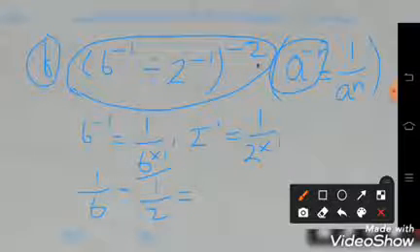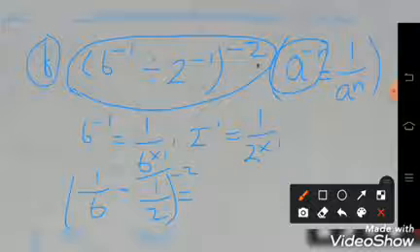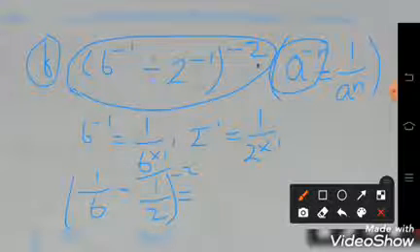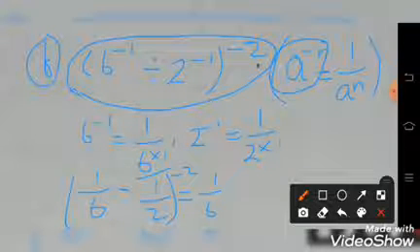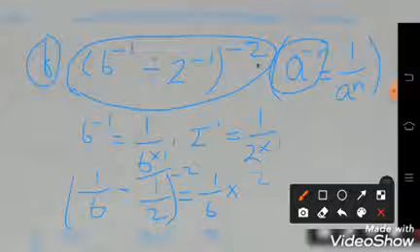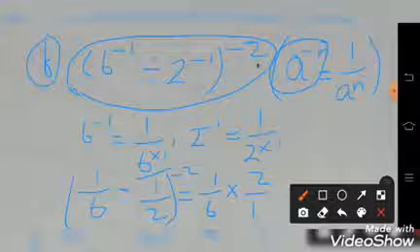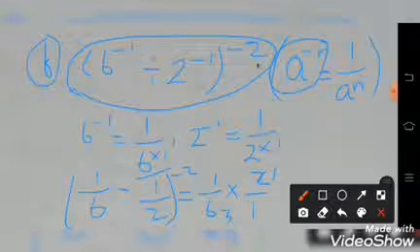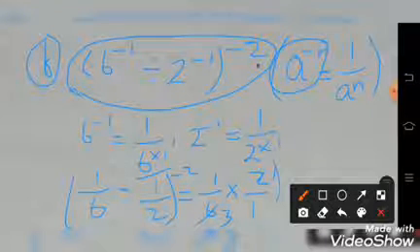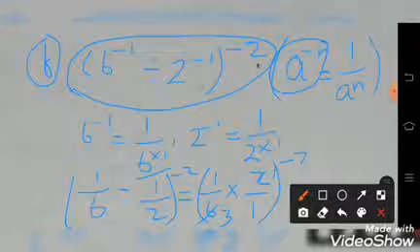So here the bracket has minus 2 as the exponent. Here 1/6, you convert the division into multiplication, then here 2/1. So now here you can cancel: 2 ones are 2, 2 threes are 6. We have here minus 2.